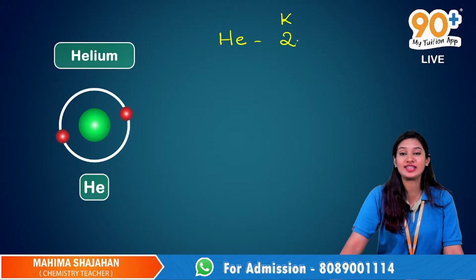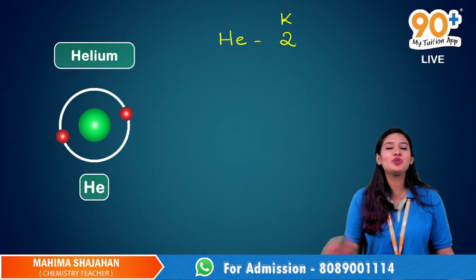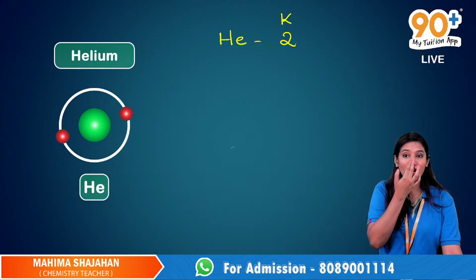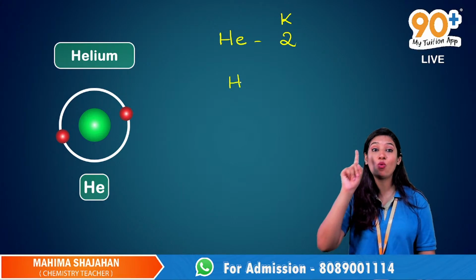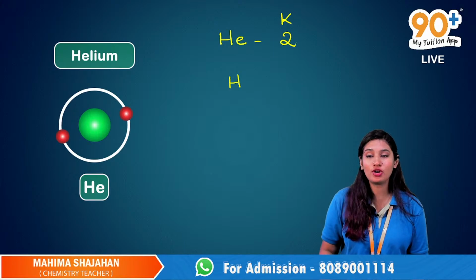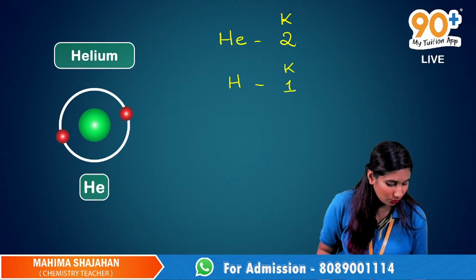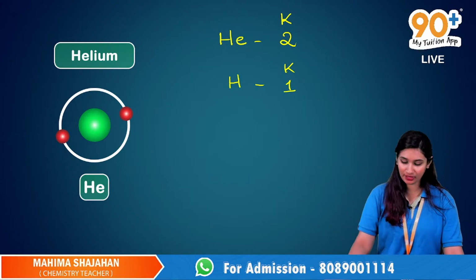Now, how will you write the electronic configuration of hydrogen? Hydrogen is H and it has only 1 electron. So you can write that in the K shell, 1 electron. Is it clear?